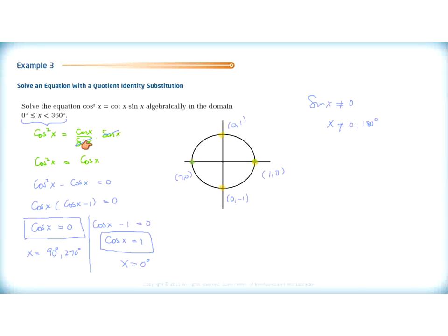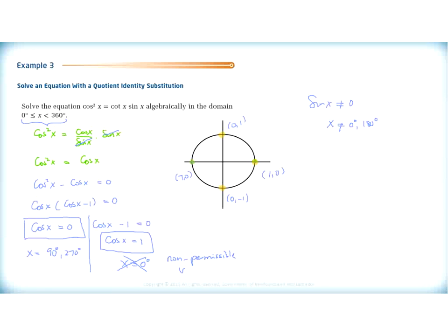So, in other words, between 0 and 360, x cannot equal 0 and 180. Because if 0 and 180 were used here, the sine of 0 is 0, and therefore cosine divided by 0 is undefined. So we cannot have a value of 0 or 180.